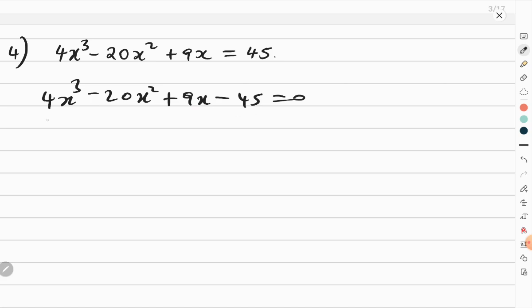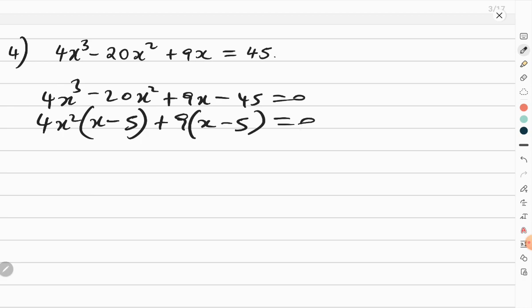We can take 4x squared as the common factor, and we'll be left with x minus 5. On this side, we can take 9 as a common factor, and we'll be left with x minus 5 as well. Then we have 4x squared plus 9, which is the first factor, and the other one is x minus 5.